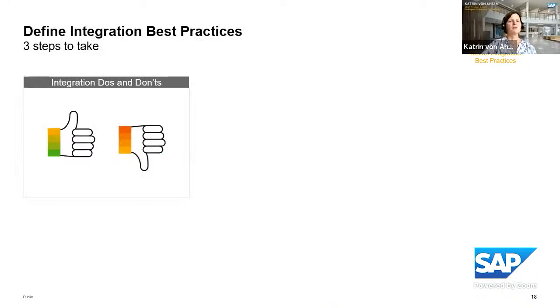The 3 steps to take: first is to define integration do's and don'ts. So these are the high-level integration guardrails for your developers. Here it's recommended to really focus on the most important aspects. So in total, not more than 10 recommendations that everybody understands and can apply and adhere to in different contexts.